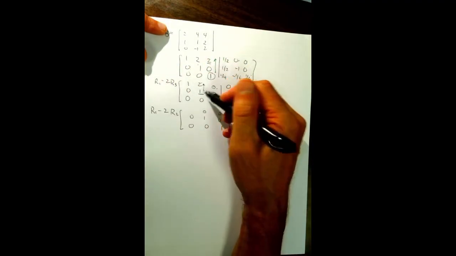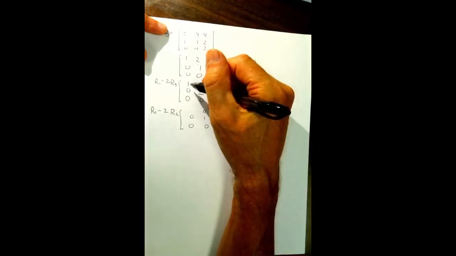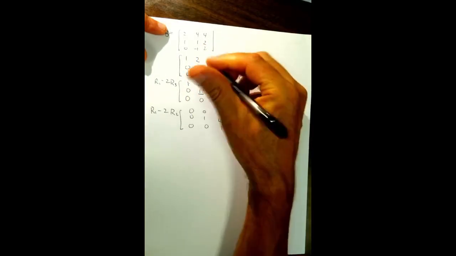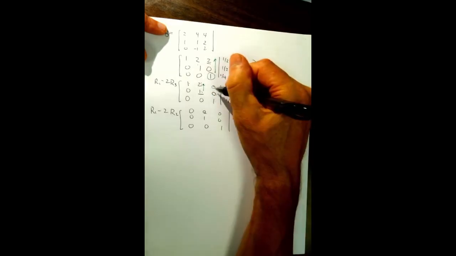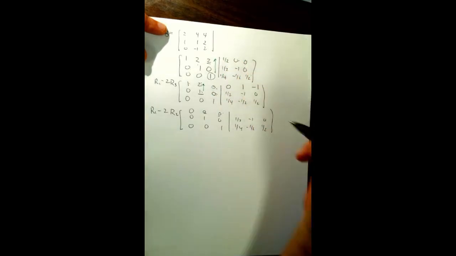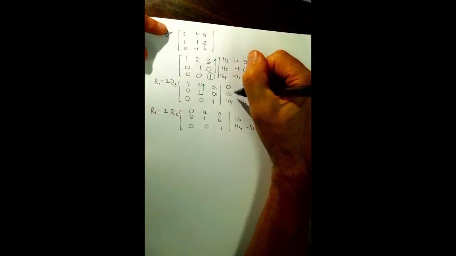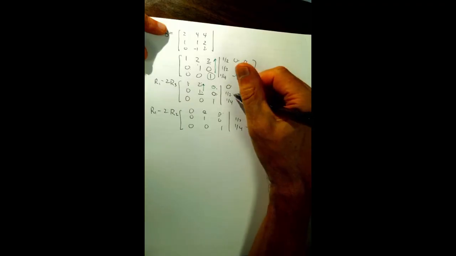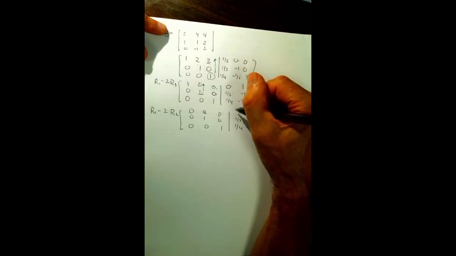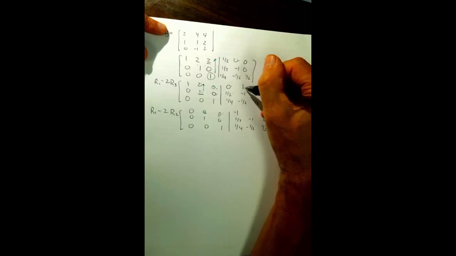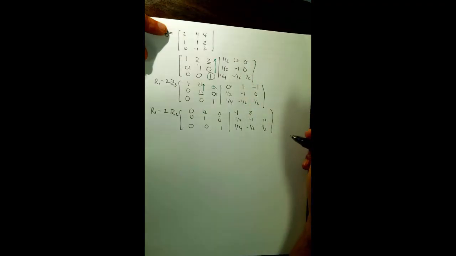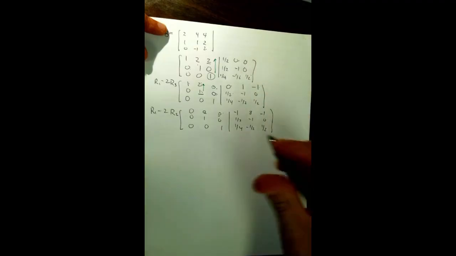So I'll get 2 minus 2 times 1 is 0. If I do that, I get 1 minus 2 times 0. 2 minus 2 is 0, so that's right. 0 minus 0, so that's right. I get 0 minus 2 times 1/2, which should give me a minus 1. 1 minus 2 times minus 1 gives me a 3. And minus 1 minus 2 times 0 gives me a minus 1.